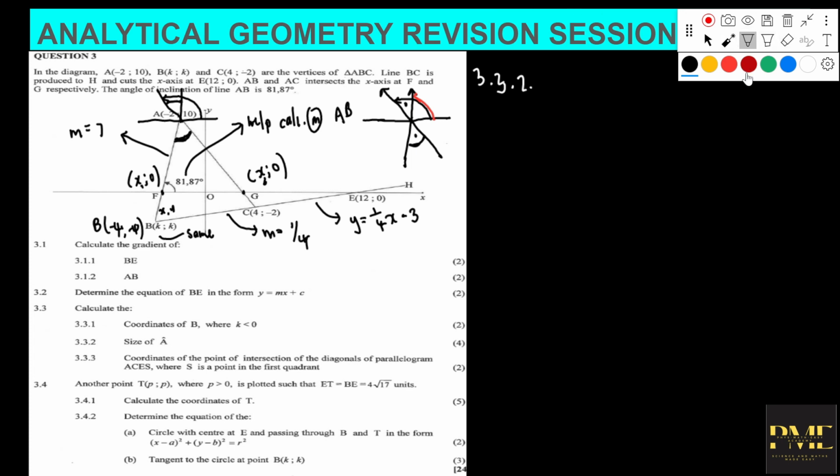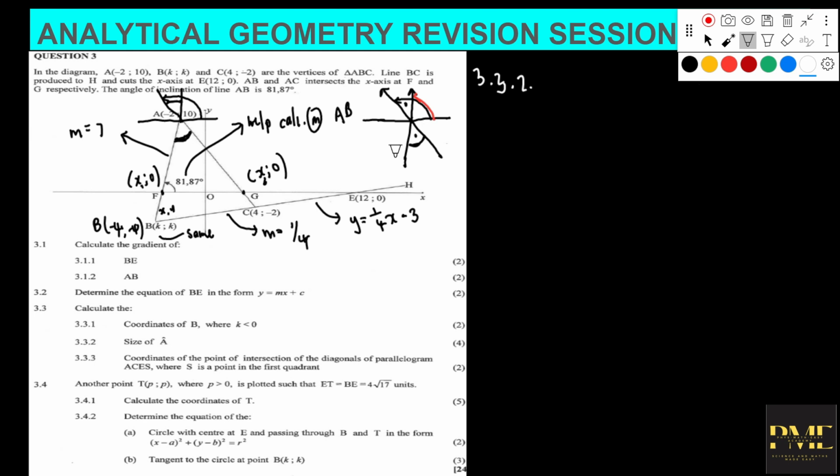We already have the angle made by AB with the horizontal, which is 81.87. So what we need is the angle made by the horizontal and AC. Let's calculate it.